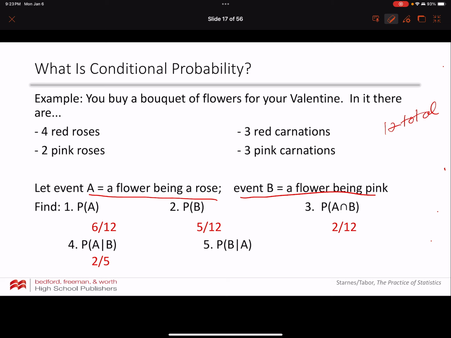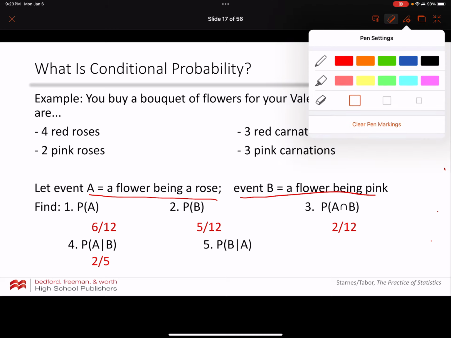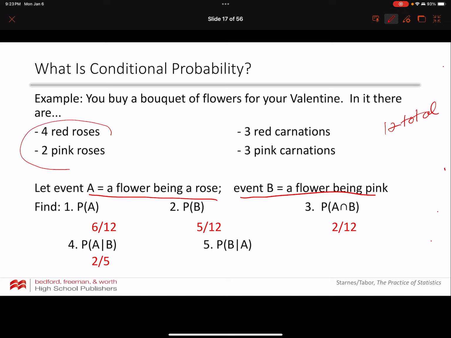So now I'm looking at these flowers that are roses. So now I have 6 of them. And what's the probability that one of those is pink? So that would be 2 out of those 6 roses.